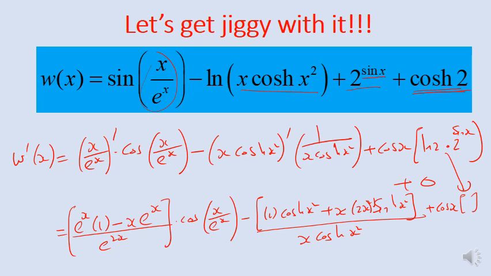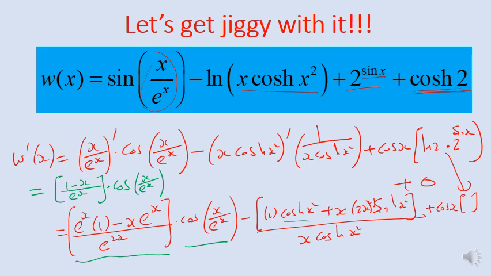Let's write this in this green. At the top, I can take e to the x as a common factor. That'll cancel out. Please follow me on this and check this. I get 1 minus x all over e to the x. This whole bracket collapses to that. Then multiplying cos of x over e to the x. So that's done.